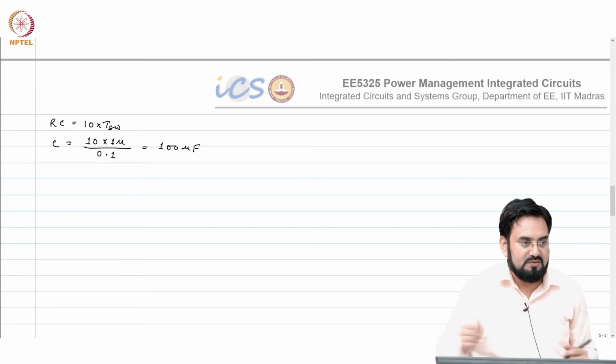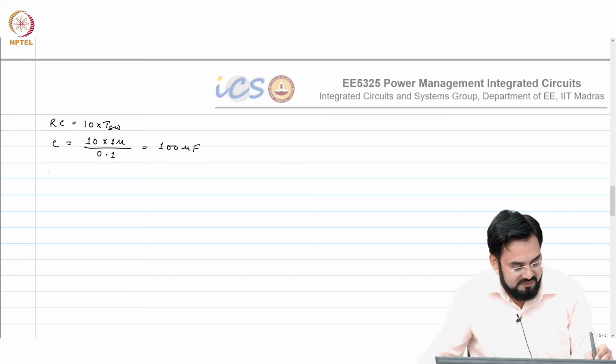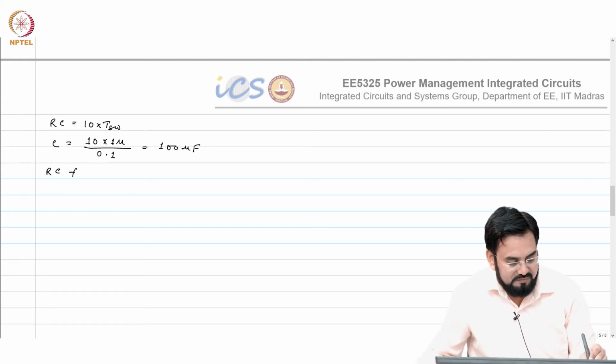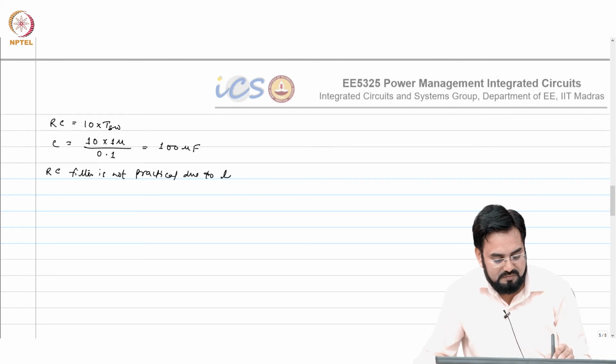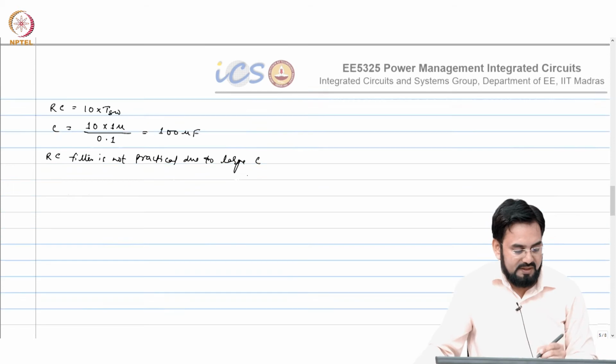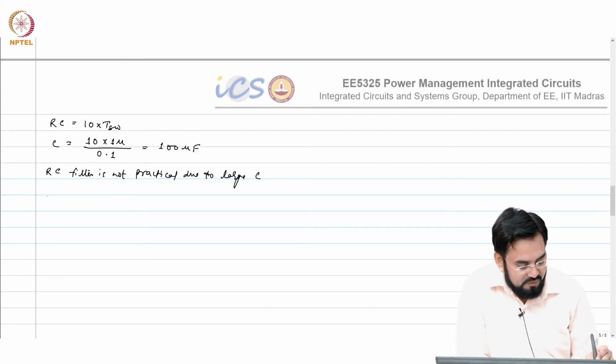So what else can we do? So the RC filter is not practical due to large C. Okay. So what do we do?